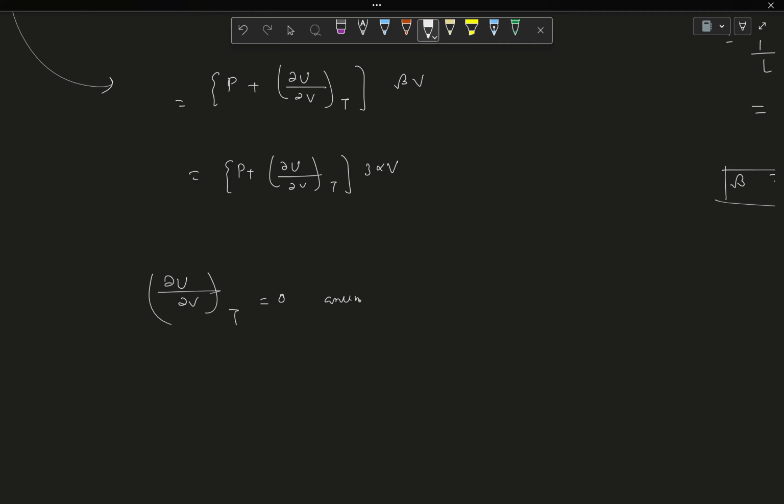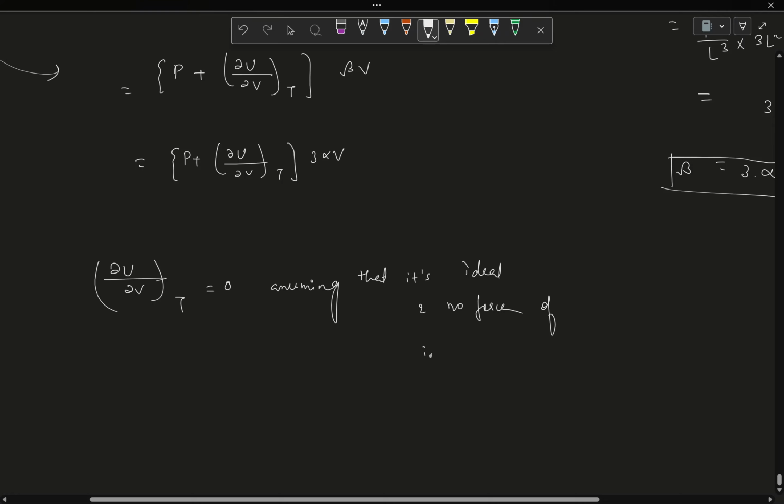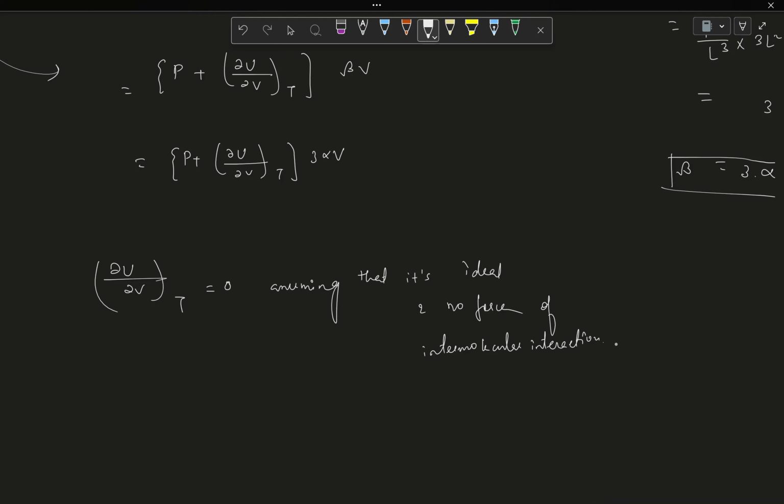So this is when you are assuming, which is the general assumption, that it's ideal and no force of intermolecular interaction is present.